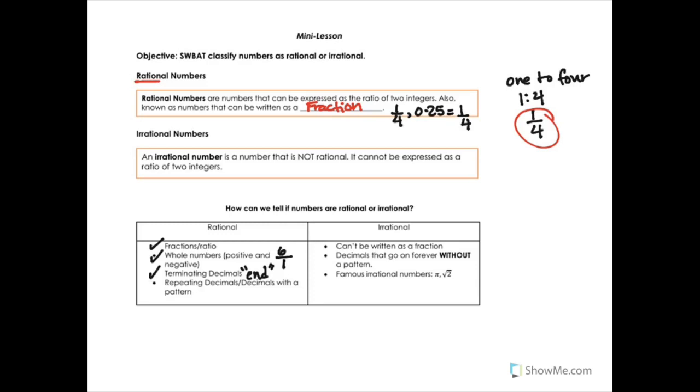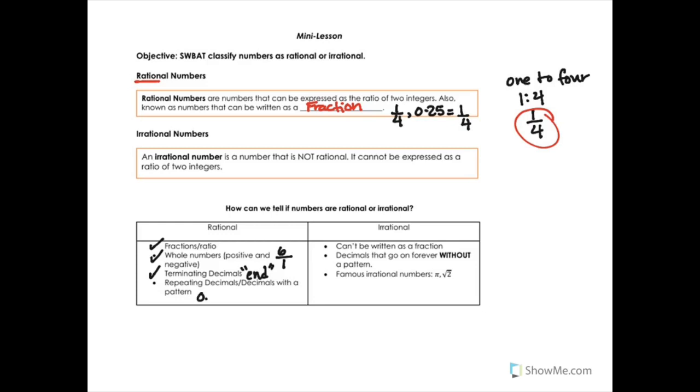And now, what about if the decimal does not end? What if it's a decimal that goes on forever? Well, it depends. If the decimal goes on forever, but it's a repeating decimal, or it has a pattern, then that decimal can be turned into a fraction, and it means that it's actually rational.